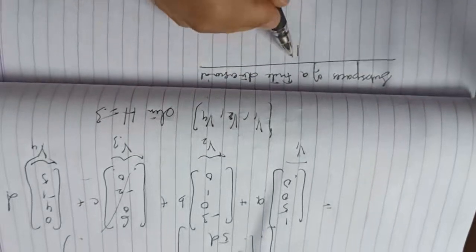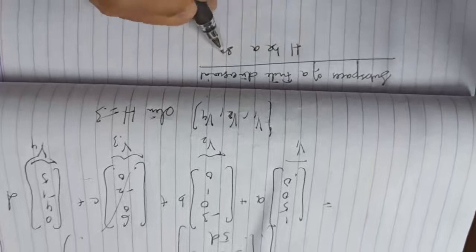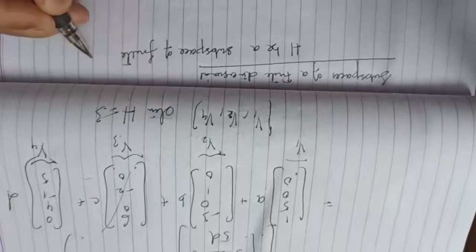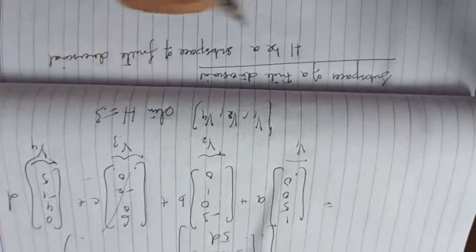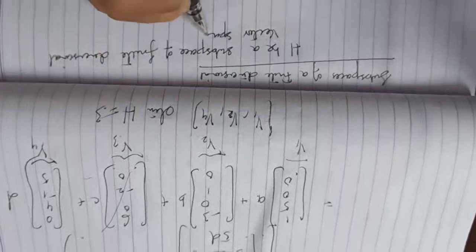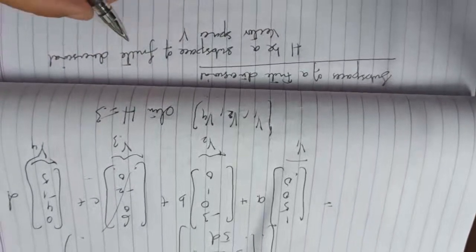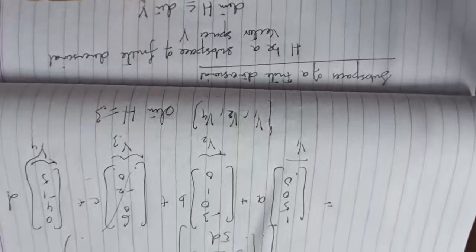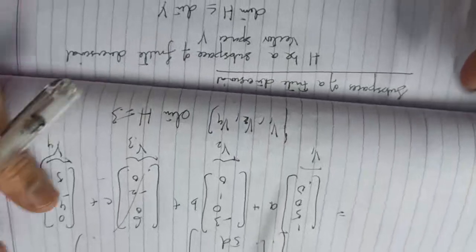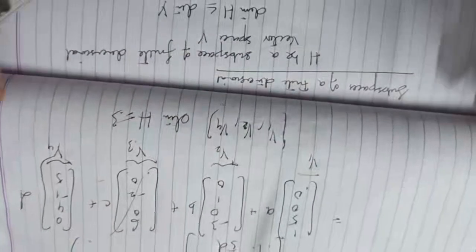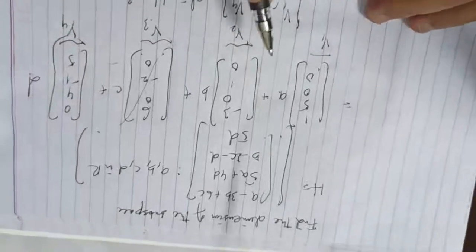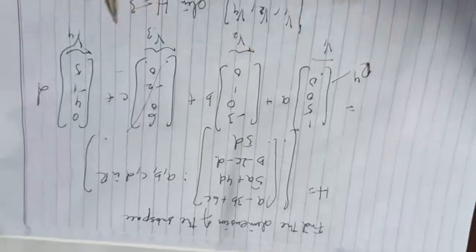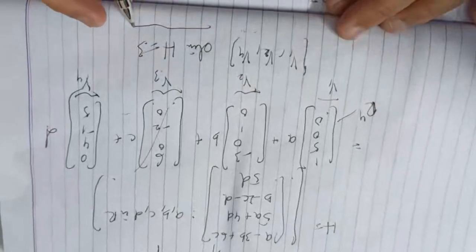So if H is a subspace of a finite dimensional vector space V, the possibility that you can have is that the dimension of H is less than the dimension of V. For example, in this scenario we got these vectors existing in R4, but the dimension of the subspace that you are getting is actually 3.